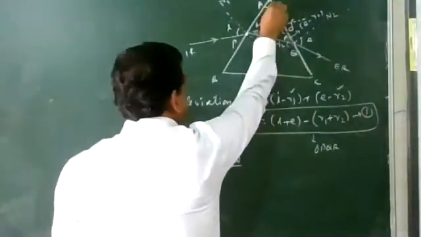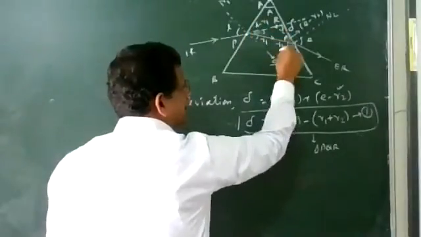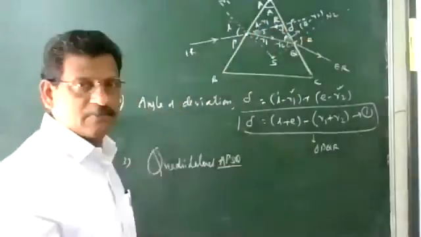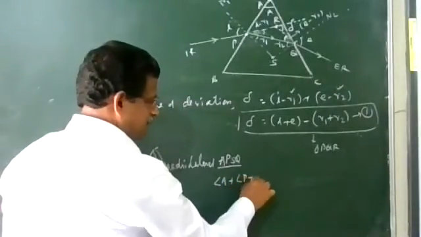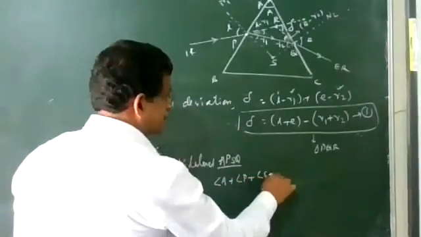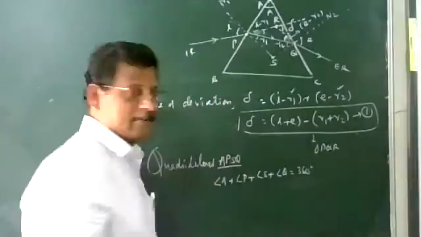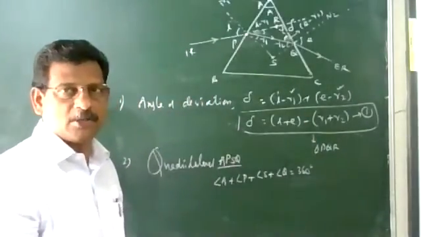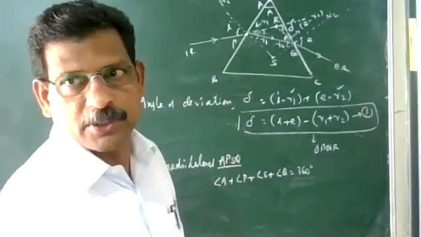Angle A plus angle B plus angle at S plus angle at Q equals 360 degrees. Sum of all the four angles is equal to 360 degrees.